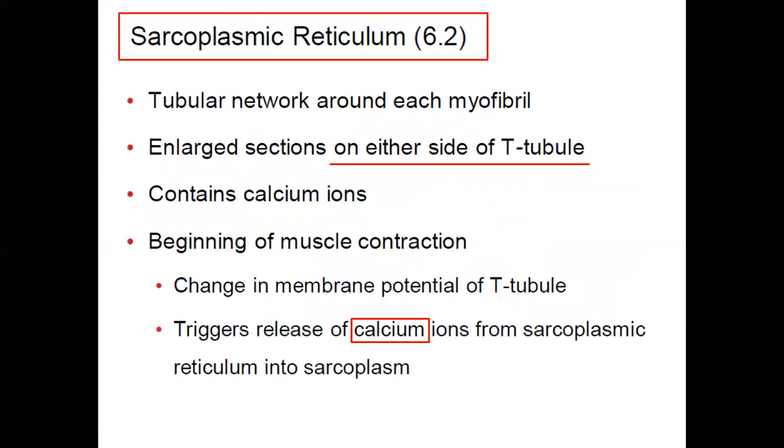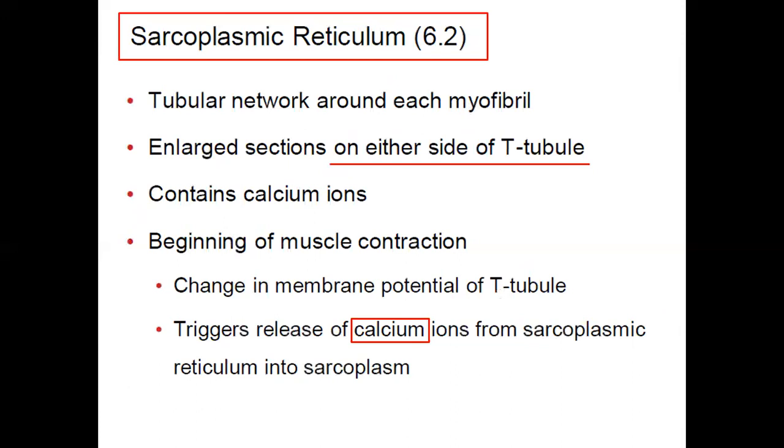And remember, sarco means muscle. The sarcoplasm is the cytoplasm of the muscle cell. The sarcolemma is the muscle cell membrane. So the sarcoplasmic reticulum is an organelle inside skeletal muscle that holds calcium. It's a storage depot for calcium, and calcium is important in initiating muscle contraction. Without calcium, muscles won't contract.